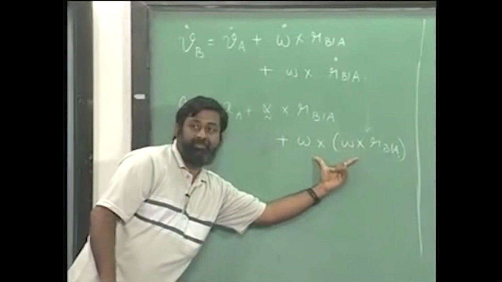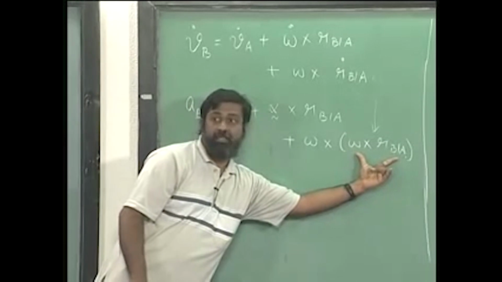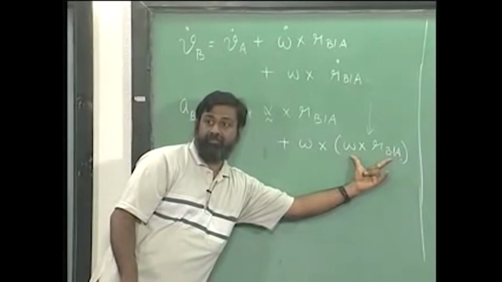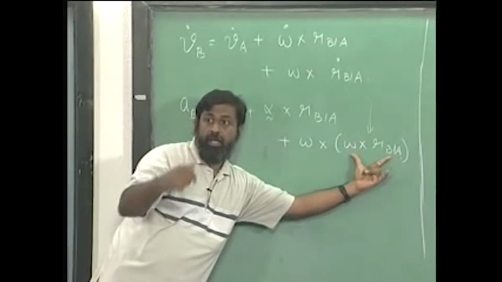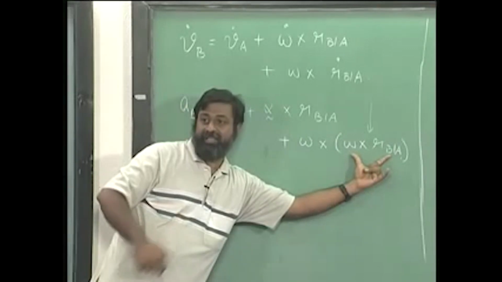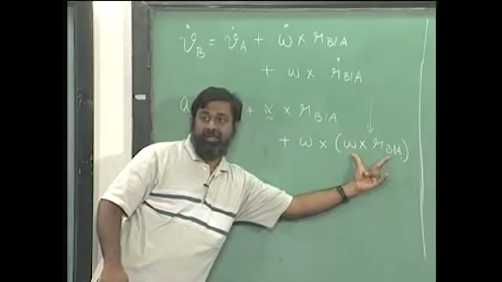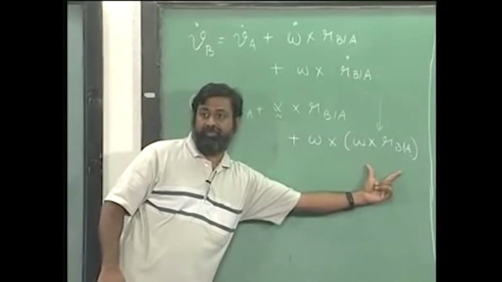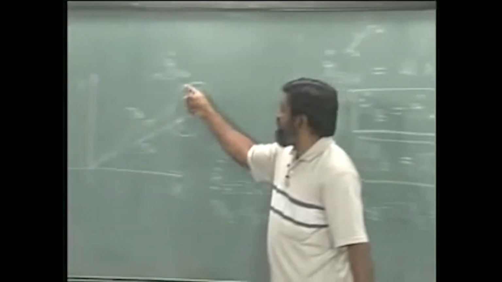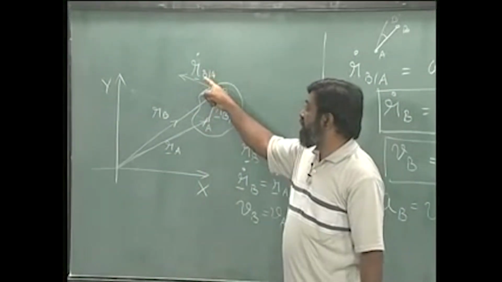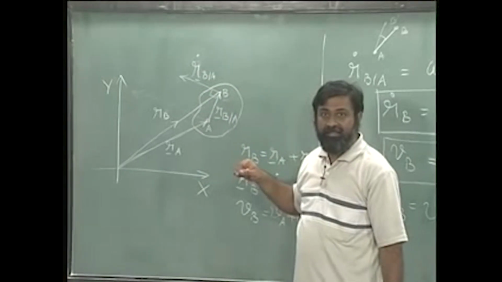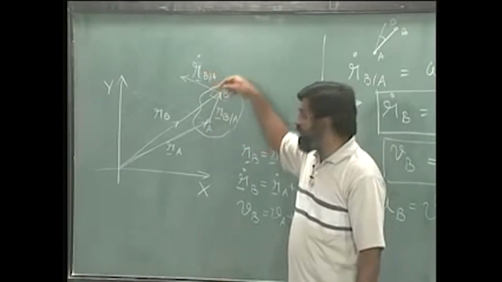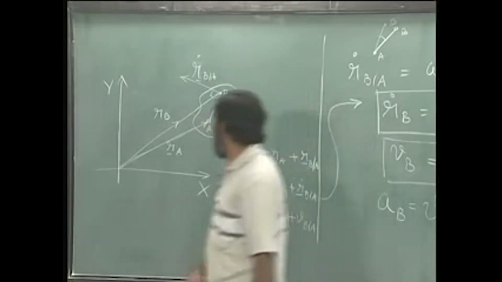Now, observe this expression. What is the direction of omega cross R B with respect to A? It is the direction of R dot B with respect to A, which is perpendicular to omega and R B with respect to A, right. Now I am taking omega cross this particular, this is the velocity we already know, omega cross this will give me what, perpendicular to these two, but I am looking at omega cross this and therefore it will be in this direction.